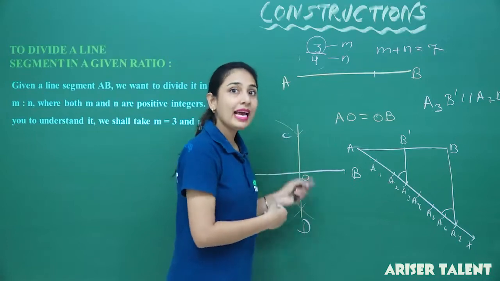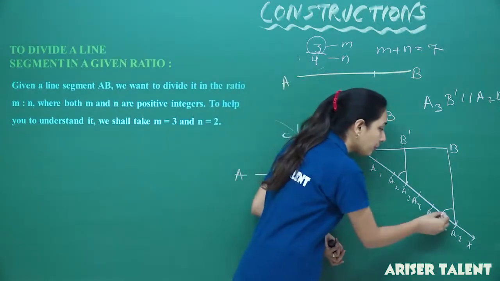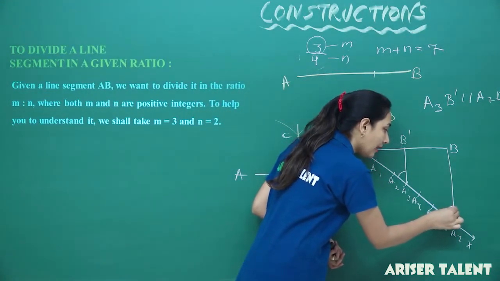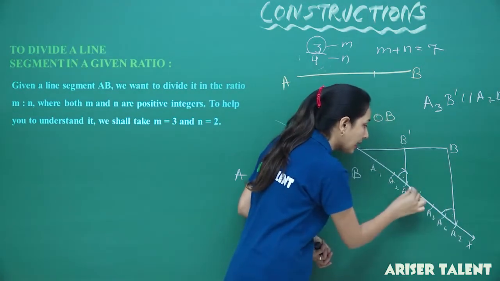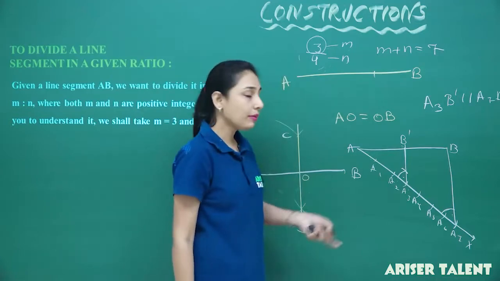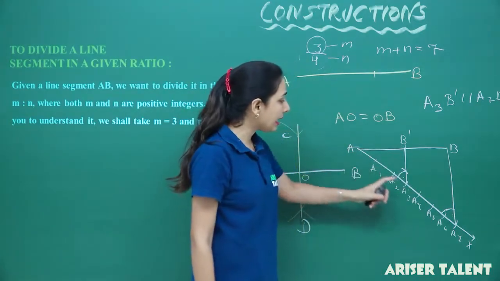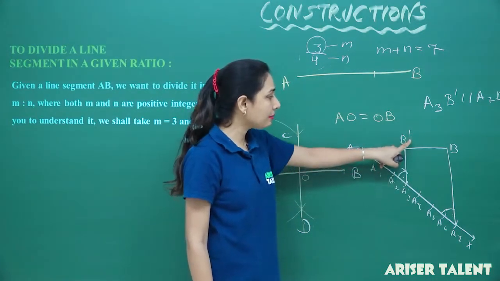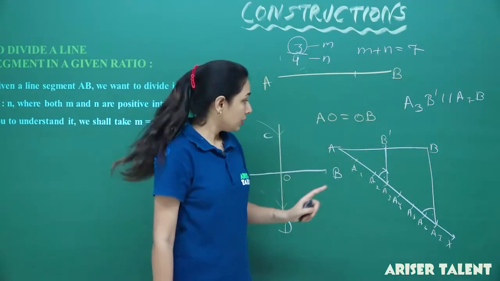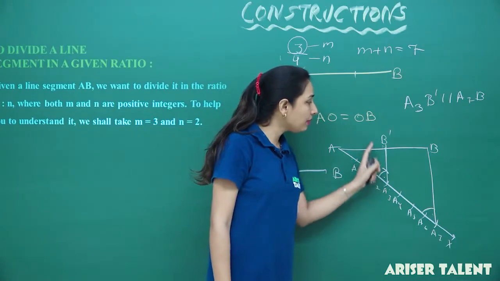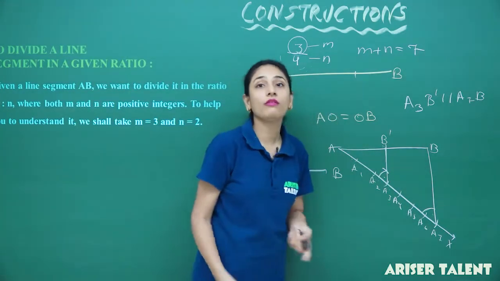So with the help of geometry tools, I am going to make this angle equal to this angle and then draw the line, making the same angle. So angle A3 B dash will be equal to angle A7 B.